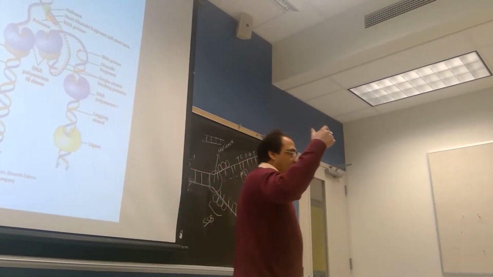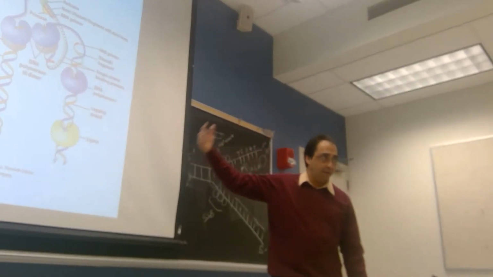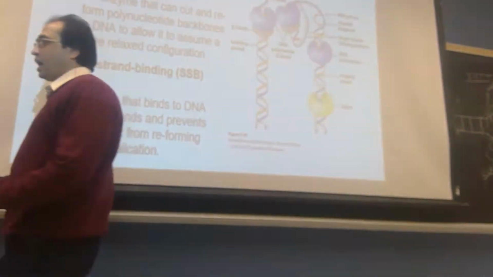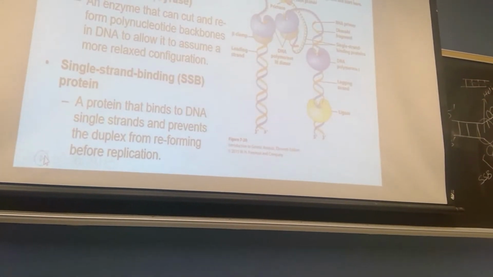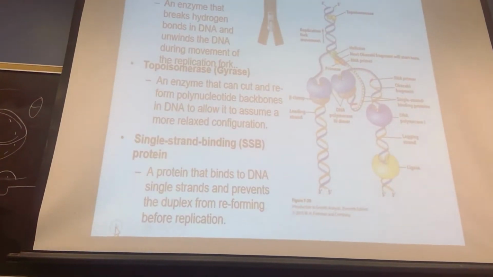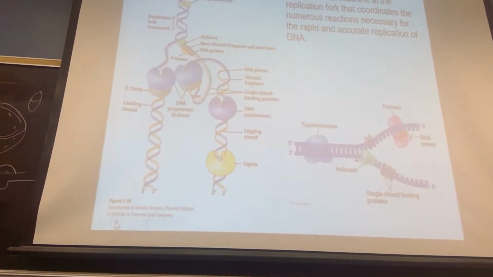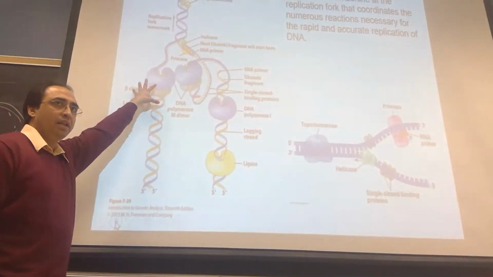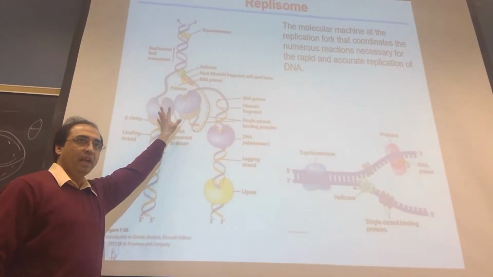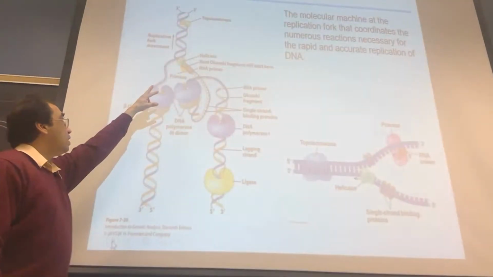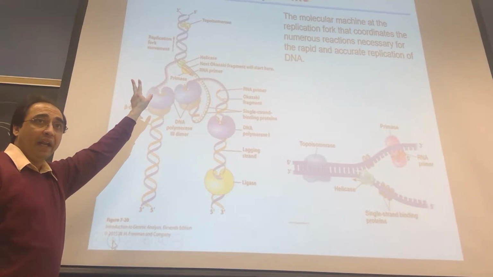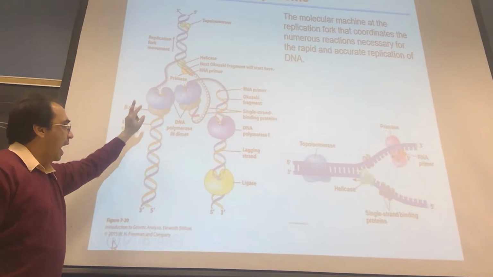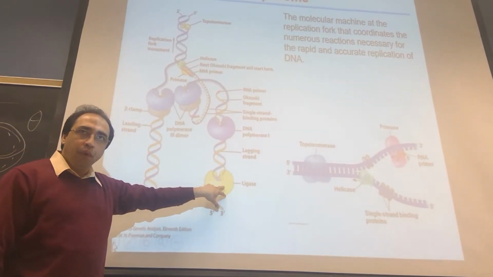Topoisomerase is relieving the tension outside the replication region, and single strand binding proteins are just keeping those two duplex strands open. Now all this machinery together: two DNA polymerases on the two strands, and either two helicases or one helicase opening up, topoisomerase is there, and ligase is there for the Okazaki fragments.